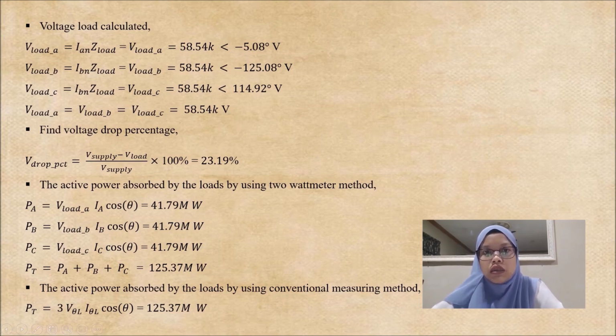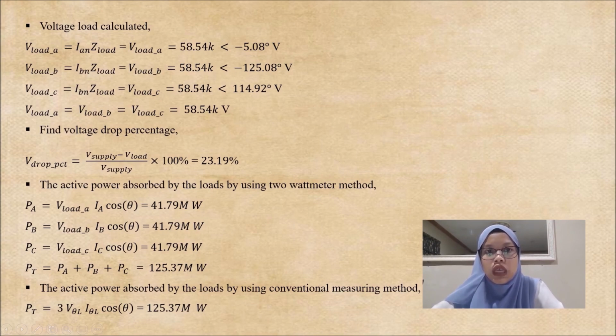Now I can calculate the voltage drop percentage by using the formula. So voltage supply minus voltage load, as I mentioned just now, divided by voltage supply. To get the value in percentage, we need to times it by 100.